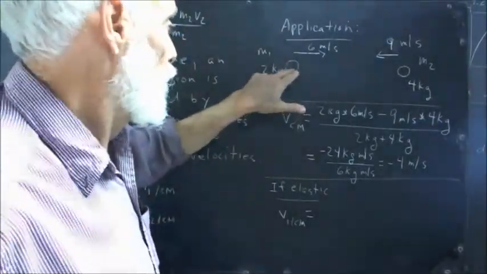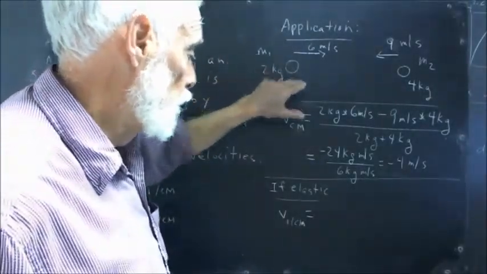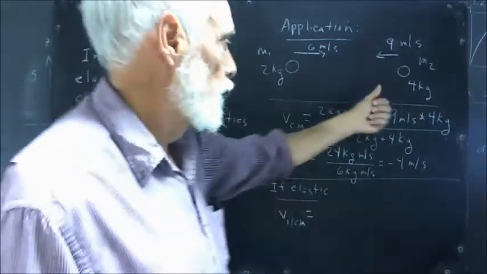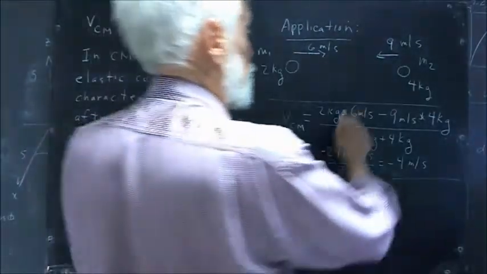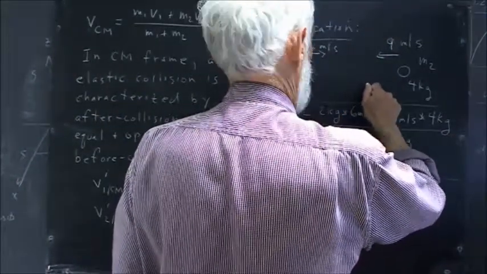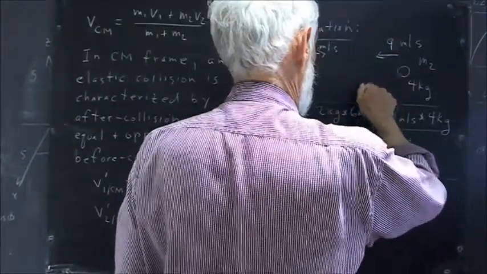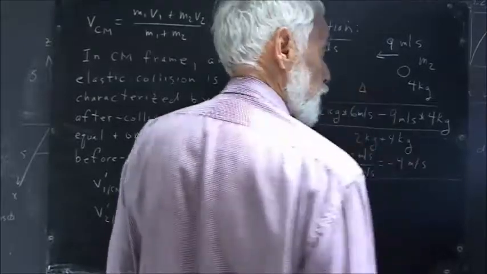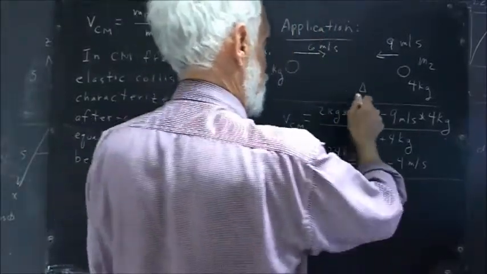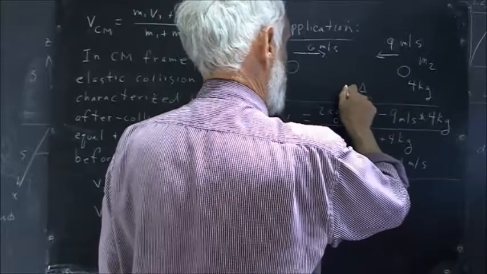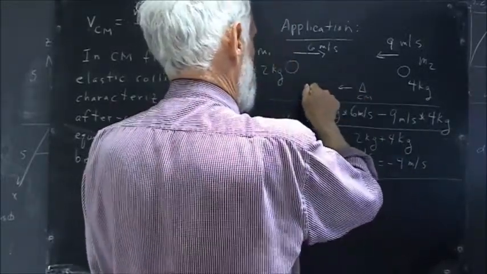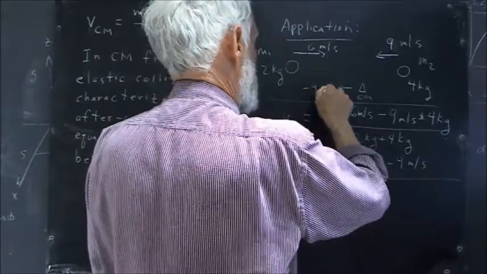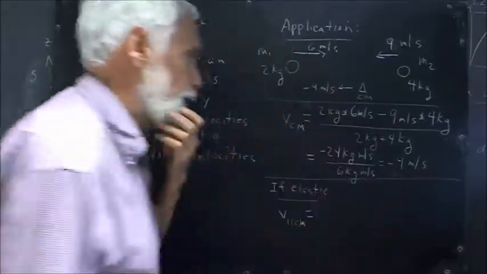So what's the velocity of this mass going to look like from an observer that's moving this way at 4 meters per second? Let's go ahead and just, the center of mass is going to be closer to this mass than the other. So let's just do a little fulcrum here to indicate the center of mass, and indicate that, as we found here, the center of mass is moving at negative 4 meters per second.